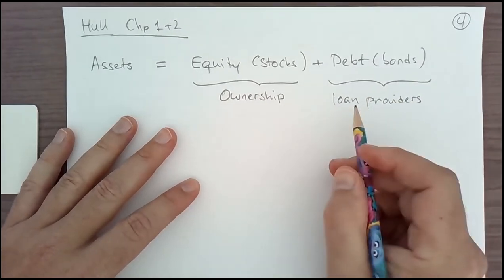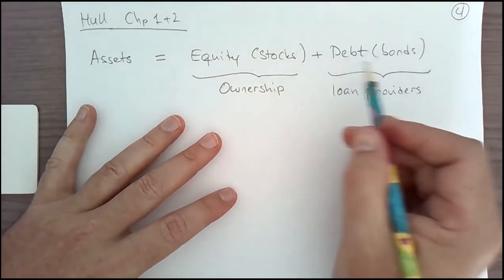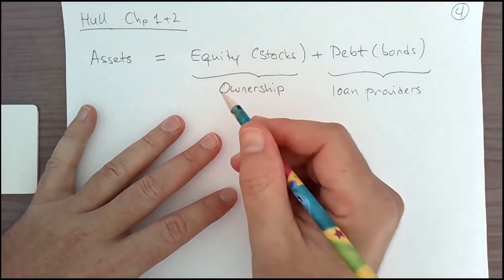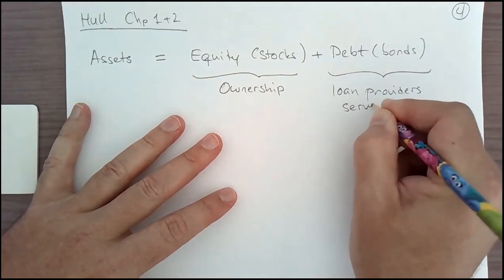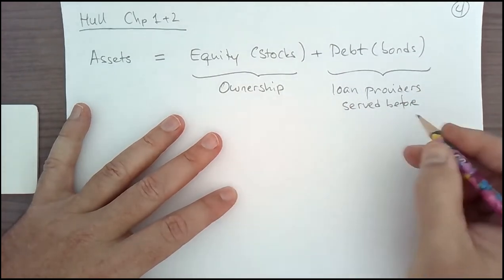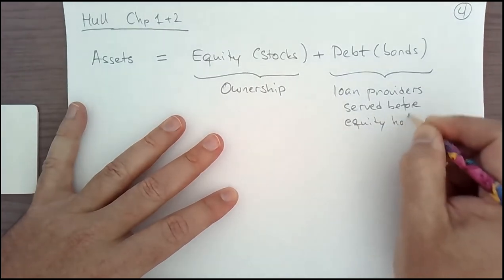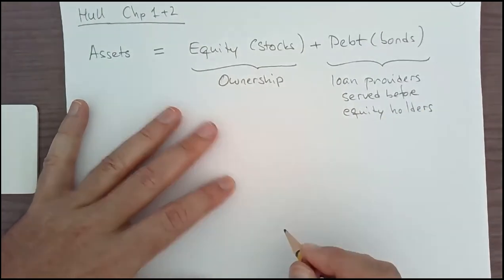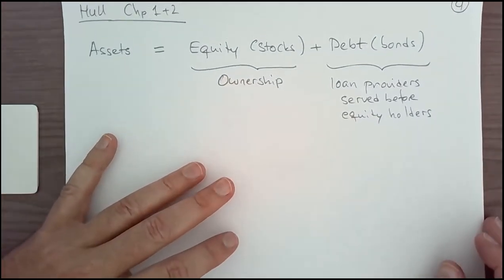So the big difference is that loan providers are served before equity, right? You pay back your debt before you can pay out dividends. So loan providers are served first, before equity holders. Okay, but the equity holders are the ones who make the decisions.